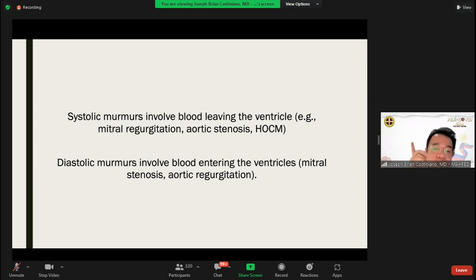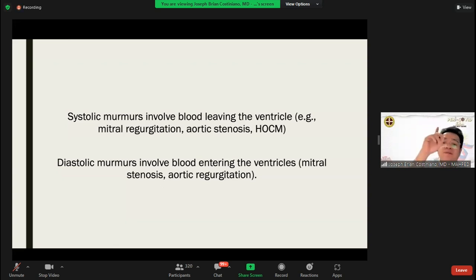Meanwhile, your diastolic murmur involves blood going into your ventricles, entering the ventricles. So from the left atria going to your left ventricle, what guards it? It's your mitral valve. And if you have a stenosis between your atria and the ventricle, then that will produce your diastolic murmur in mitral stenosis.